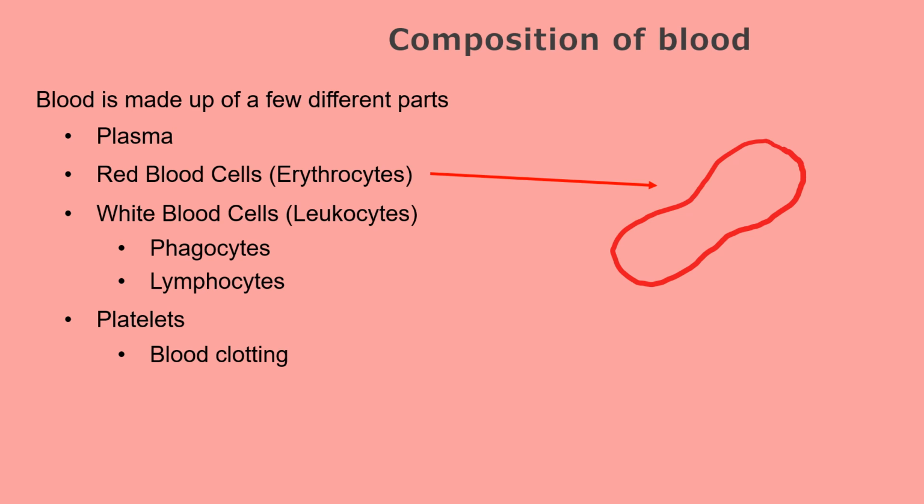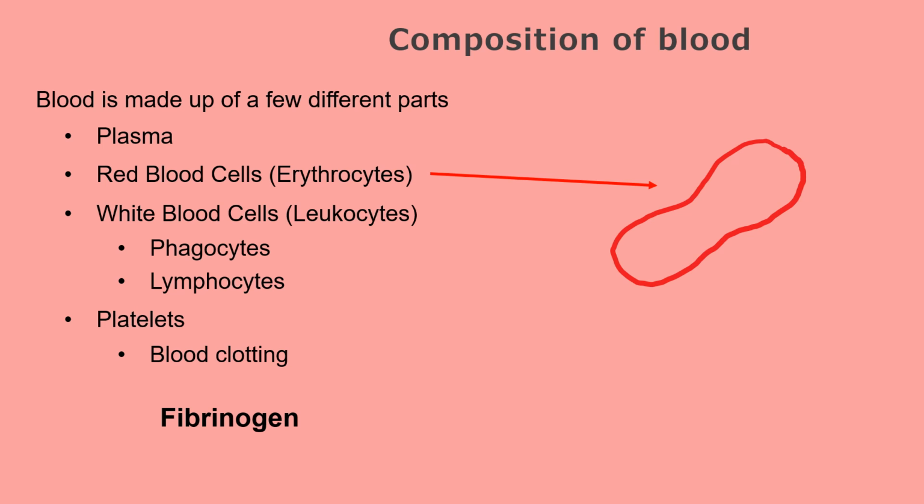This cascade reaction causes a number of different proteins to be activated, which then activates the next one and then activates the next one. Kind of like dominoes. When you line them up, you knock the first one and it all goes down. The last step is a very interesting step. There's a protein called fibrinogen floating in your blood.